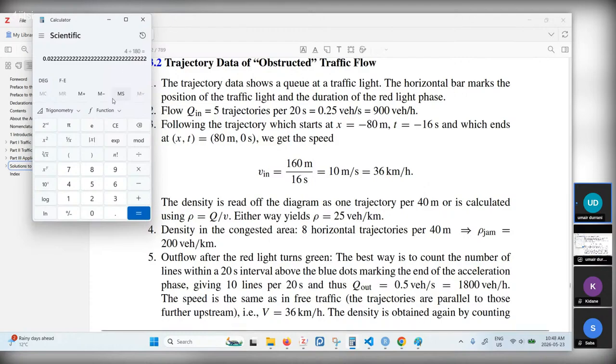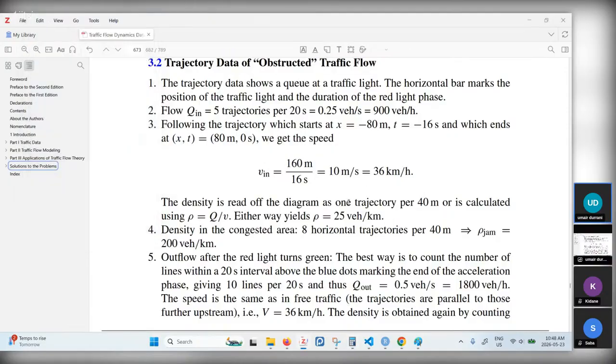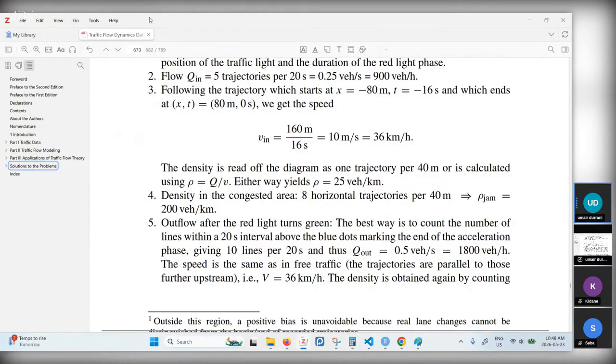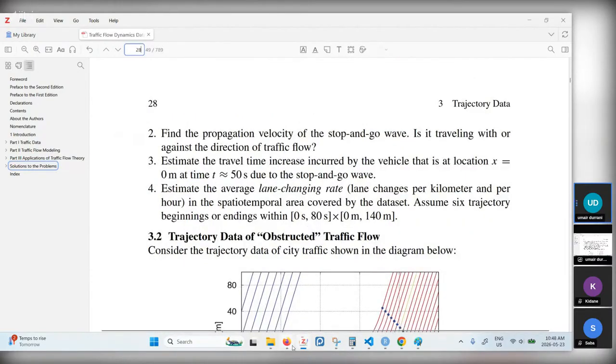That was 1 divided by 40 is 0.025, and 4 divided by 180 is 0.022. So very close. Okay, let's go to question number 4. Any questions?